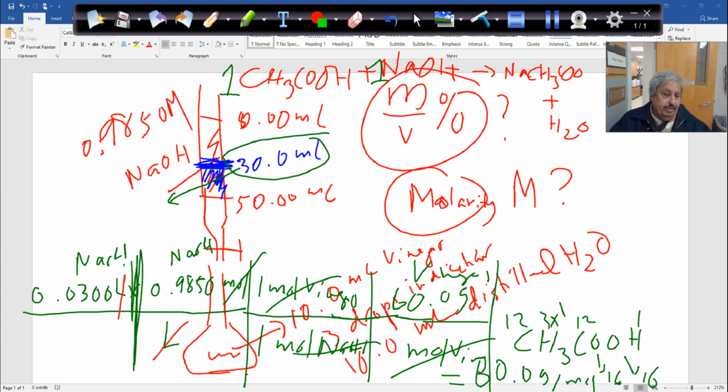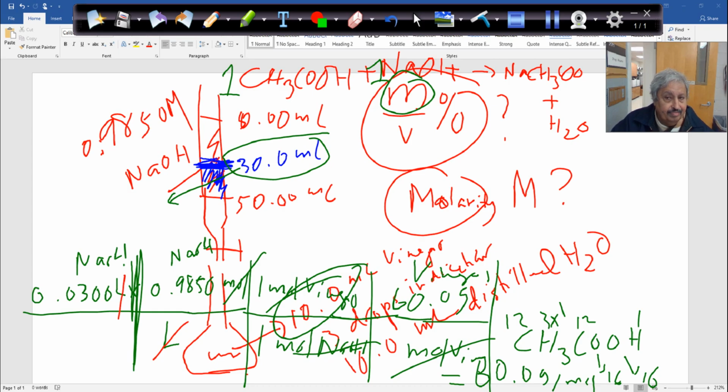So I have the grams here. I put the mass here. The mass is found by multiplying by the molar mass, divided by the 10 mL. I used 10 mL of vinegar. So how much is the mass? Somebody had calculated 0.0300 multiplied by 0.9850 multiplied by 60.